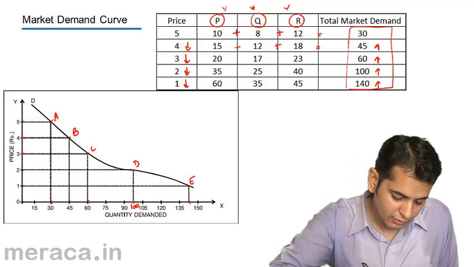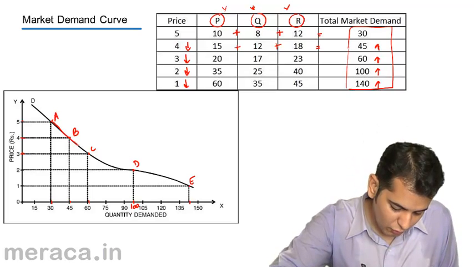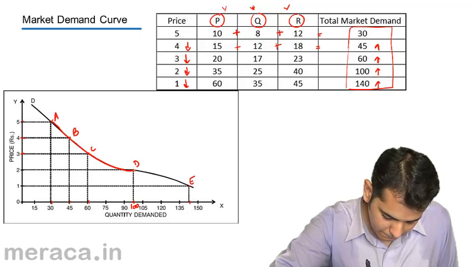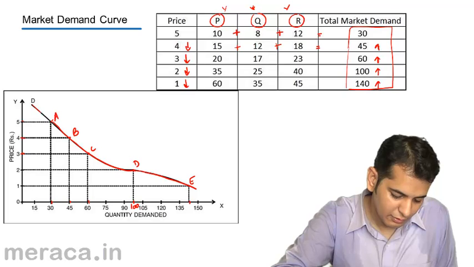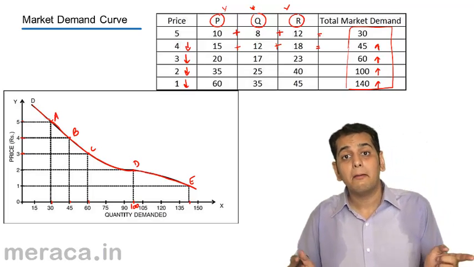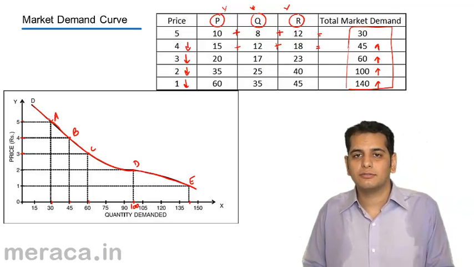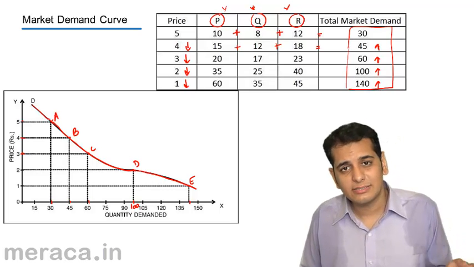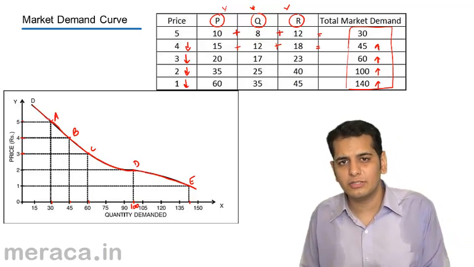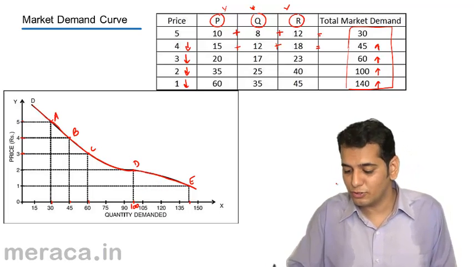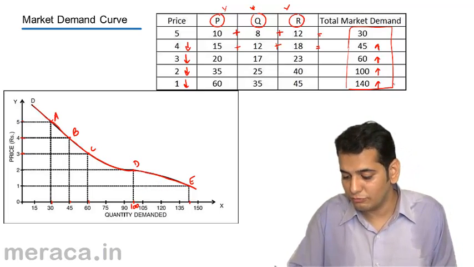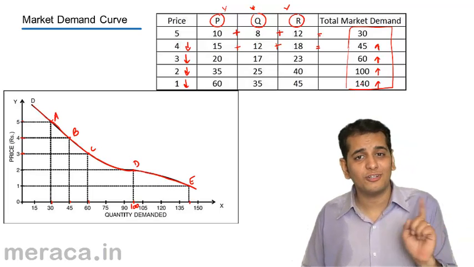And then we connect all these points and get a curve which we call the market demand curve. In the last example, we did the individual demand curve, and this curve is the market demand curve because we have taken the demand of the market and not of the individual.